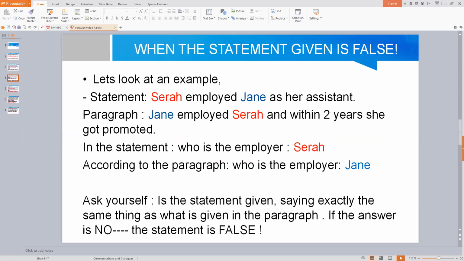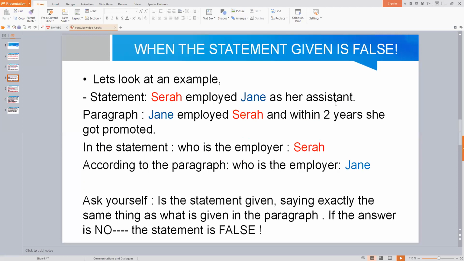But what is the paragraph telling us? The paragraph is saying Jane employed Sarah and within 2 years she got promoted. So according to the paragraph, who is the employer? Jane. So this statement that is given to us, that Sarah employed Jane as her assistant, is it true? Is it false? Or is it not given?